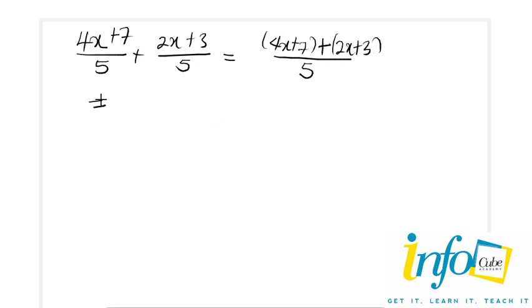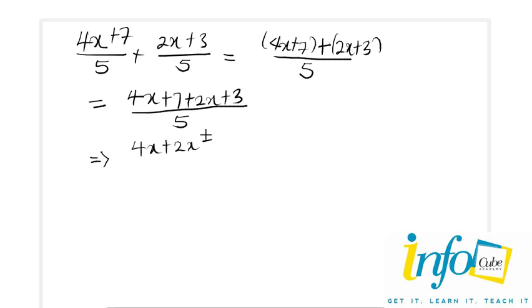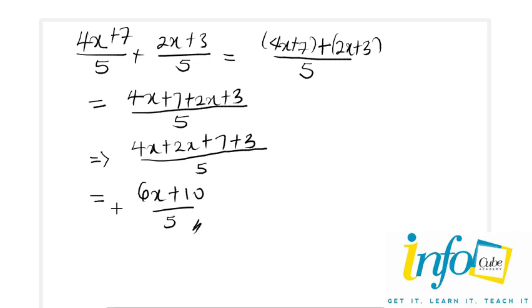Now the next thing you do is you open the brackets and collect like terms. So you have 4x plus 2x plus 7 plus 3 all over 5, which will give you 6x plus 10 over 5 as your answer. It's very simple.